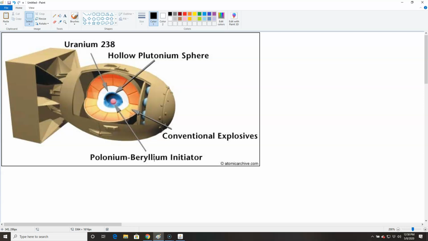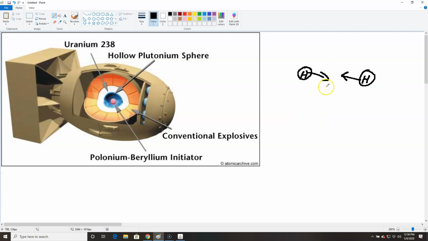How does a thermonuclear device work? Well, the thermonuclear device involves taking hydrogen and hydrogen and smashing them together, and the result is you get helium.